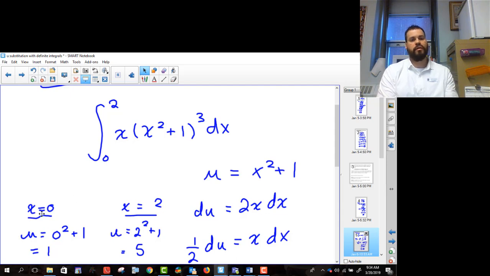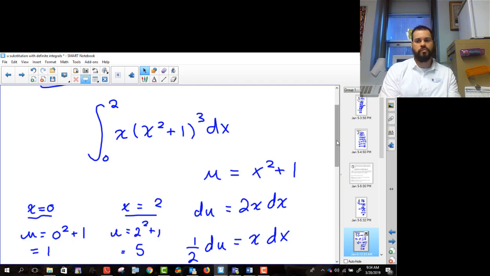That's what we're trying to figure out. And then when x is 2, what is u? So we plug in 0 into our substitution, because we said u is x squared plus 1. So when x is 0, we get 0 squared plus 1. That means when x is 0, u is 1. And then we say, okay, well, what happens when x is 2? So 2 squared plus 1 is 5.